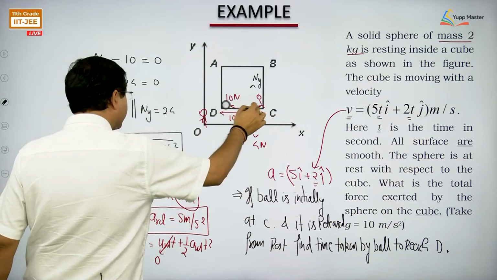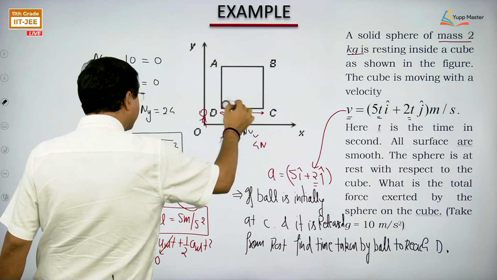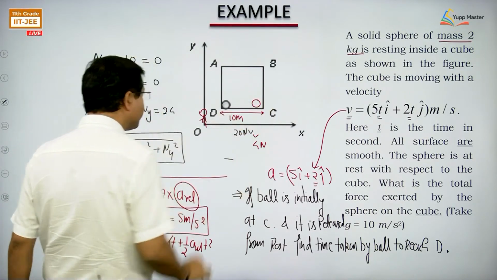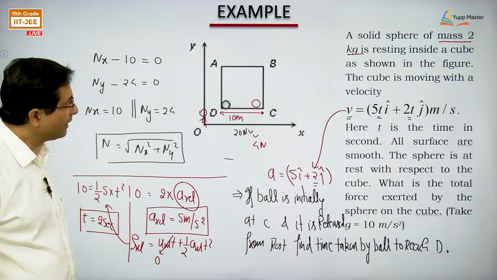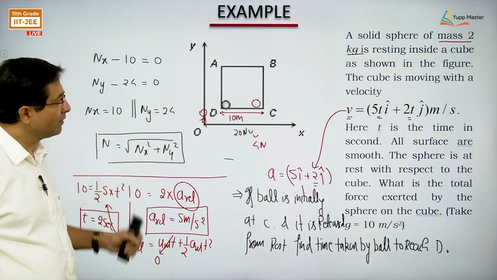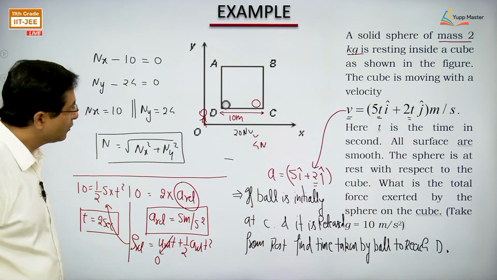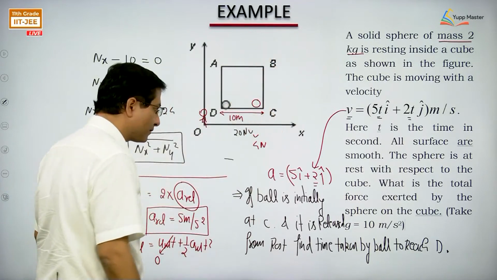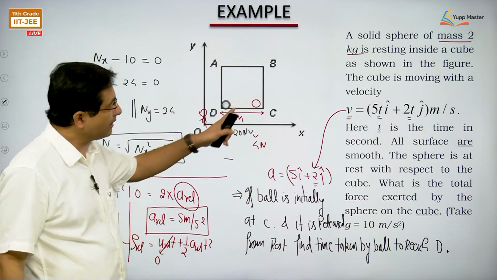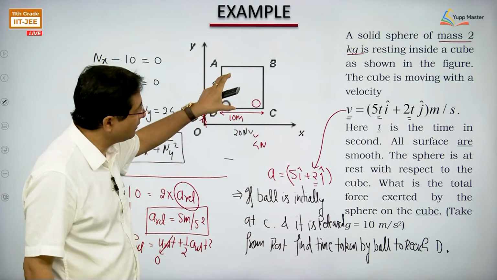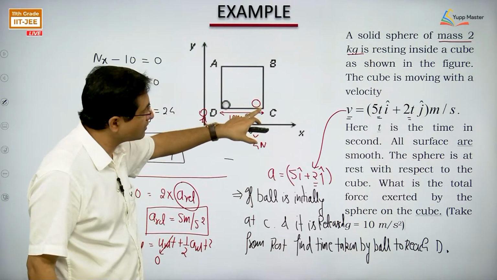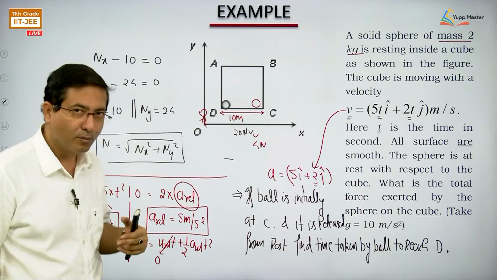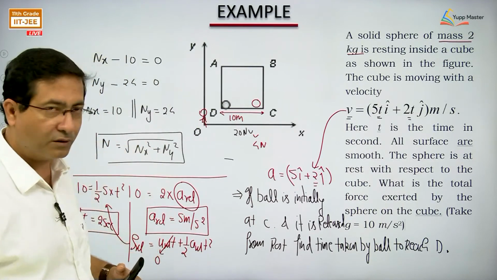So the motion of the ball will be something like, to understand what I am saying, for the second part, if I draw the diagram, initially the ball is here, right, at this corner, and we are observing the motion of the ball with respect to the lift. So the lift is moving in x direction and y direction, and as soon as it leaves the contact, when the lift moves a little forward, it loses contact with this wall. So now no force is coming on the ball in x direction, so the ball cannot move in x direction with respect to the ground frame.